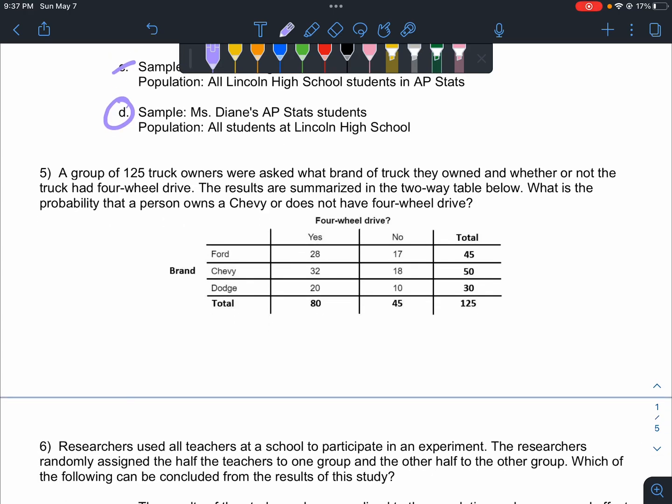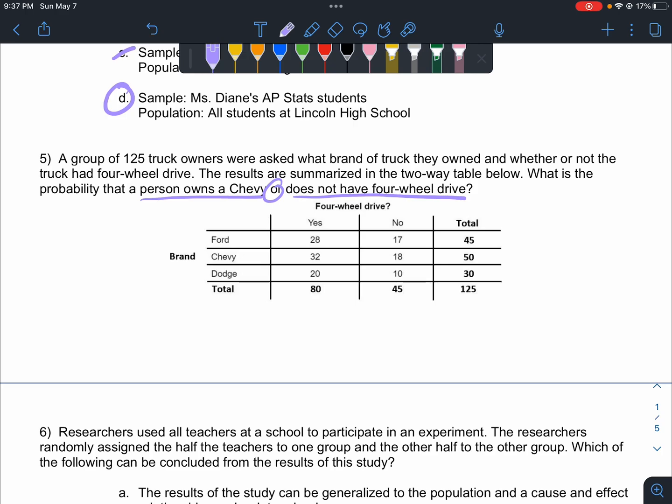And number 5, we have 125 truck workers, and they're asked what brand of truck they owned. And we have a two-way table, and we want to know what is the probability that a person owns a Chevy or does not have a 4-wheel drive. So remember, with or, we're going to look at how many people own a Chevy.